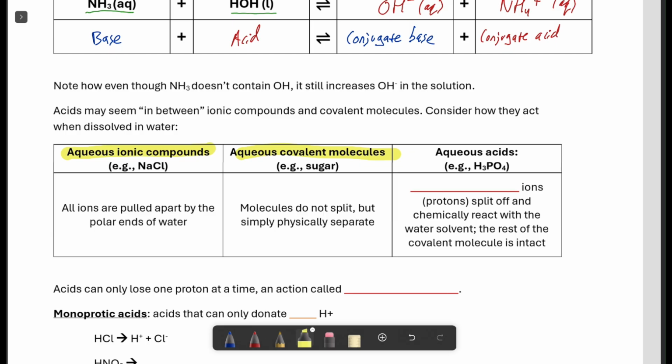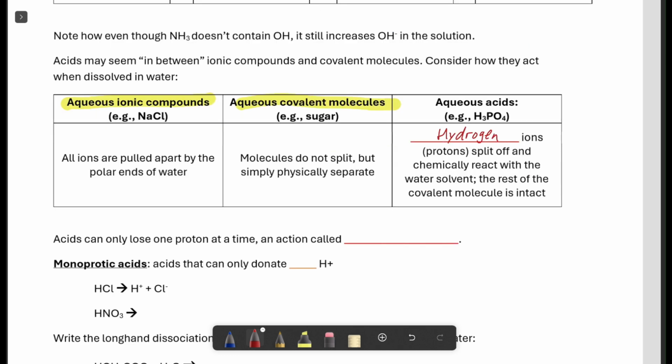With aqueous acids, it's kind of in between. The hydrogen ions, or the protons, will split off, and they start interacting with the water solvent. But the rest of the covalent molecule is intact. So with H3PO4, for instance, phosphate still stays intact, but the hydrogens are being lost.